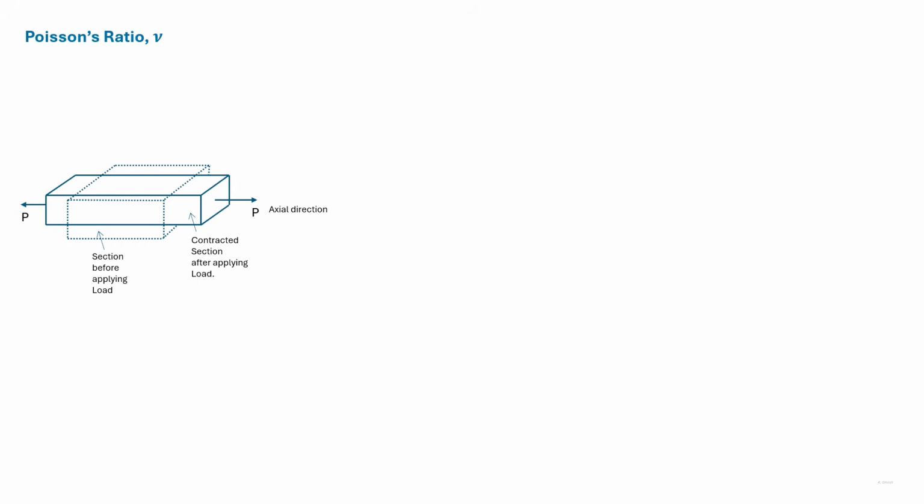So the lateral cross-section reduces in area in the case of a tensile load acting. In the case of a compressive axial load, there would be an increase in the cross-sectional area.